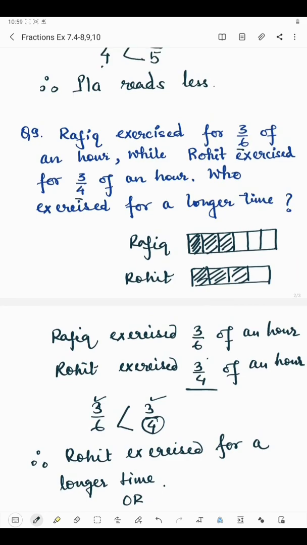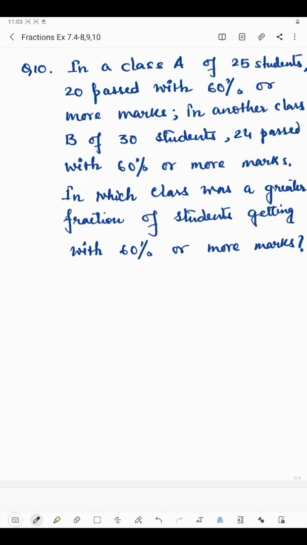Now coming to number 10. Question number 10 says, in a class A of 25 students, 20 passed with 60% or more marks. In another class B of 30 students, 24 passed with 60% or more marks. In which class was a greater fraction of students getting 60% or more marks?